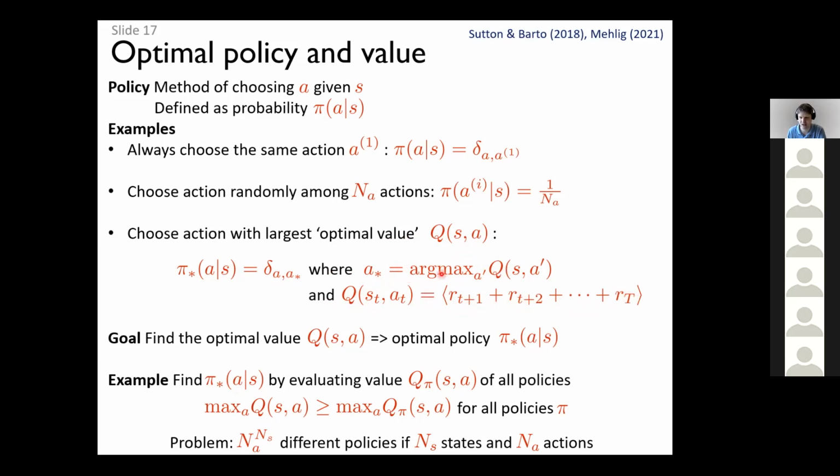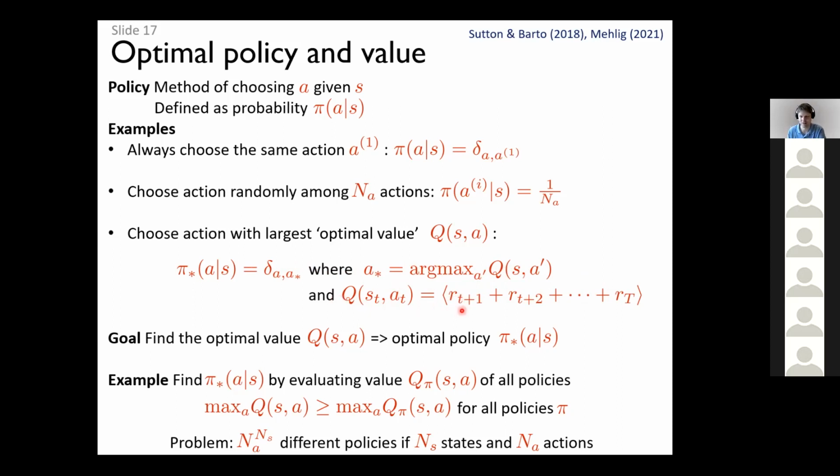If we choose the action that gives the largest expectation value of future rewards, that would be the best action, because all other actions would give lower expected future rewards. So if we have this policy, then we are sure to have the optimal solution. So this must be the best policy. We always choose the action that gives us the largest expected future rewards, so on average, this must be the best policy.